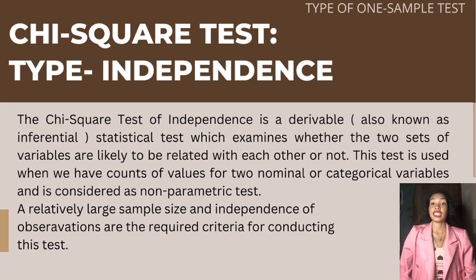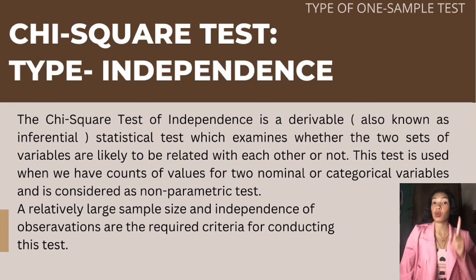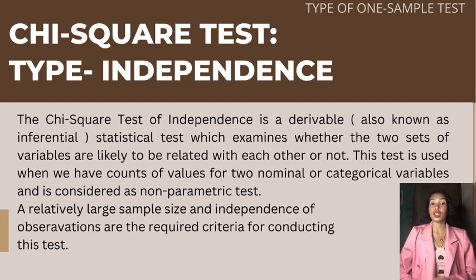Chi-square test has two types. The first one is independence. The chi-square test of independence, also known as the inferential statistical test, examines whether the two sets of variables are likely to be related with each other or not.